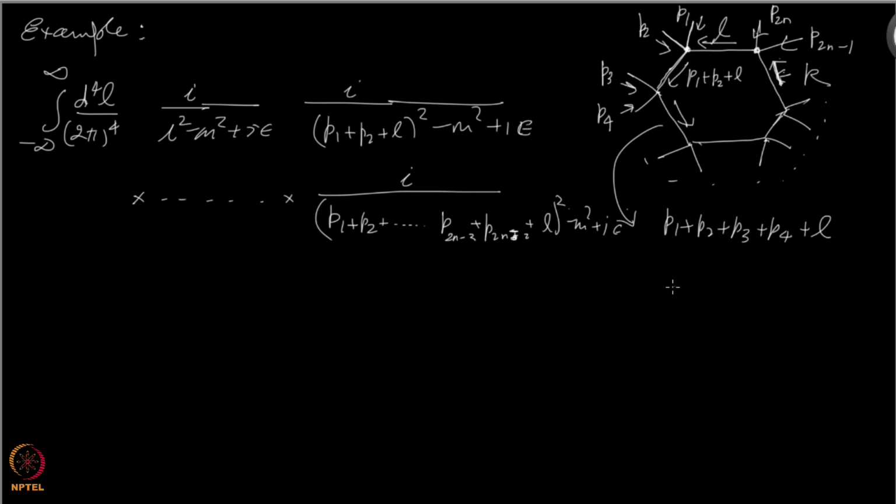So you have P2n plus P2n−1 minus L, that is what enters this vertex, plus k should be equal to 0. So k is simply minus P2n minus P2n−1 plus L. That is what you can put in here instead of what I have written.